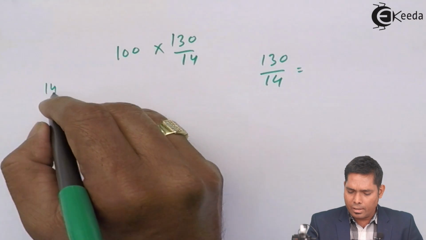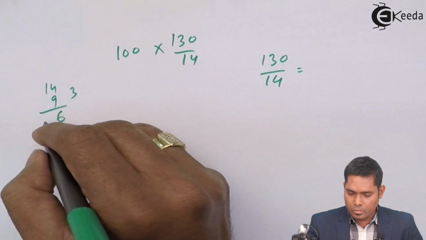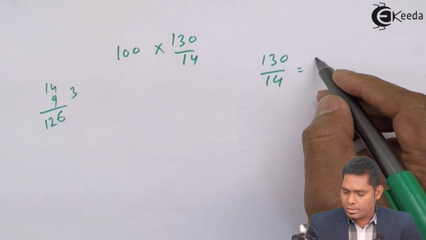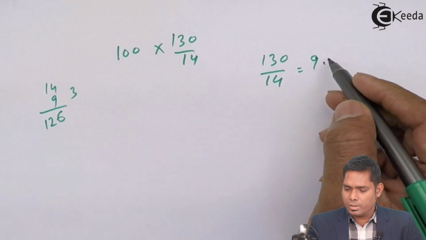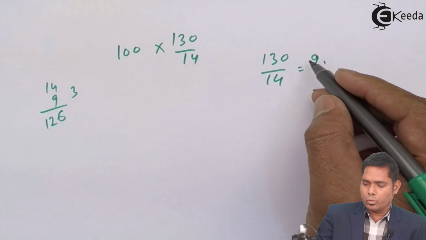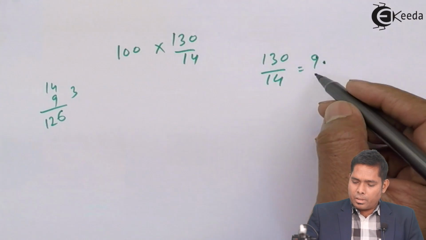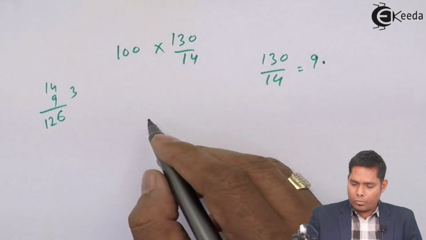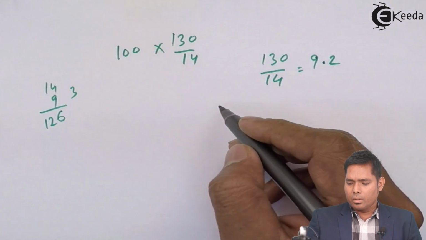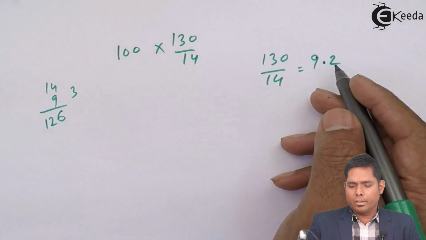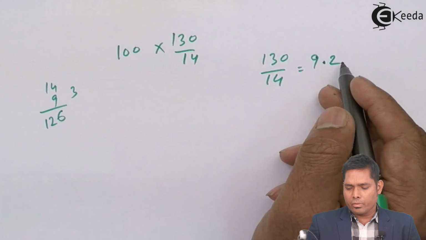14 nines are 126. So 4 is left. So I put a decimal, then it is 40. 14 twos are 28.